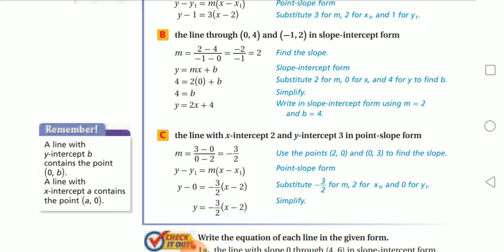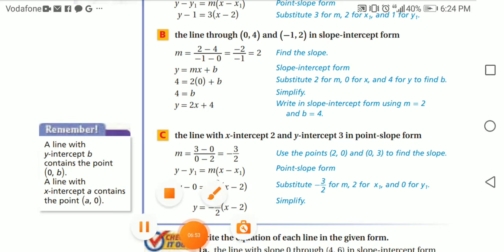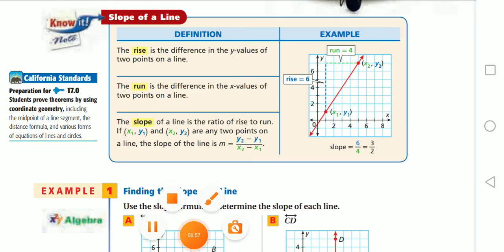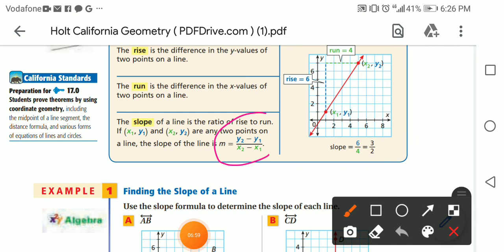Do you remember the formula of the slope? It's very easy. Remember from the last lesson, slope m equals y sub 2 minus y sub 1 all over x sub 2 minus x sub 1. So we're going to use this formula to find the slope m.